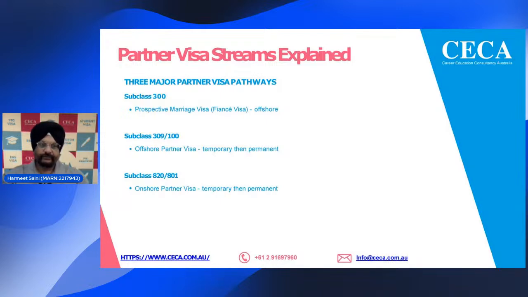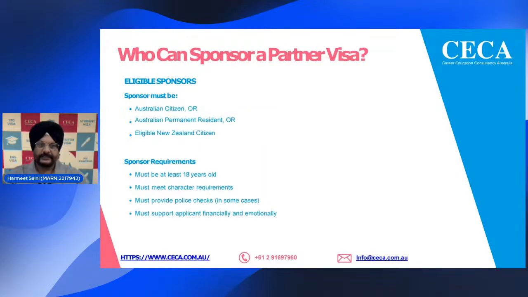Let's begin with subclass 300 first. Before that, let me explain the sponsor eligibility. Who can sponsor for a partner visa? As I said in the beginning of the session, the sponsor must be an Australian citizen, Australian permanent resident, or eligible New Zealand citizen.